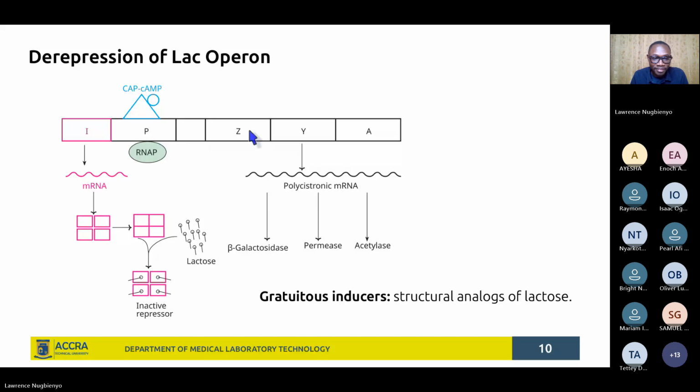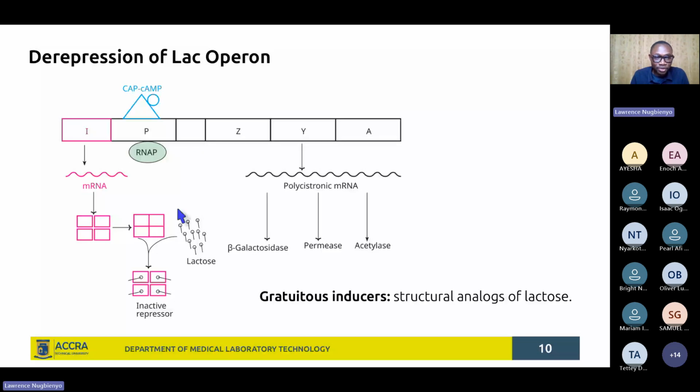But in the presence of lactose, which is a substrate that the bacteria should be breaking down, that lactose goes to bind onto the repressor. And once it binds onto the repressor, it makes the repressor inactive. So the repressor will not bind to the operator region.